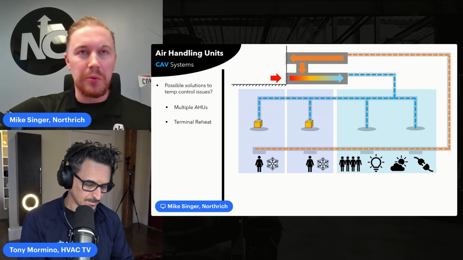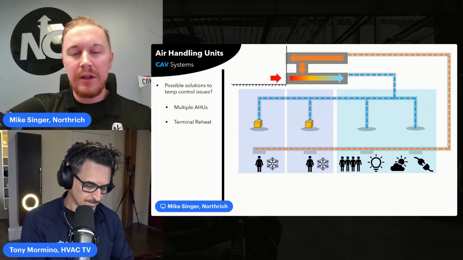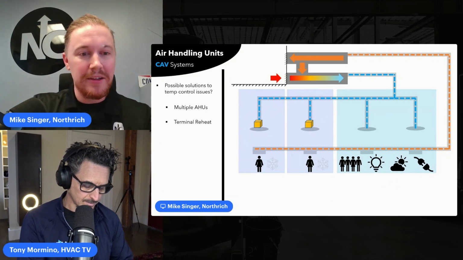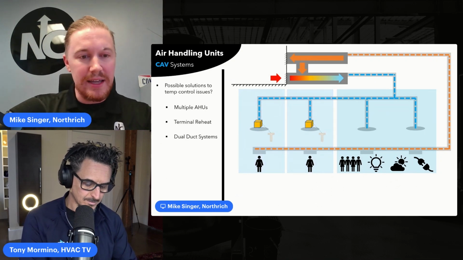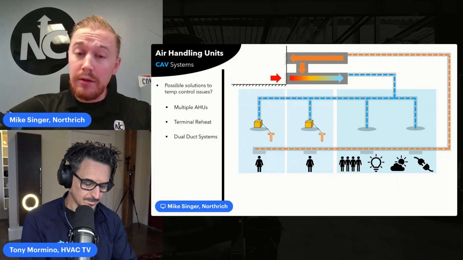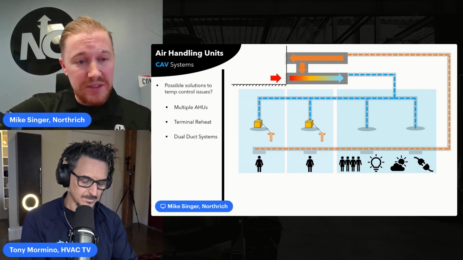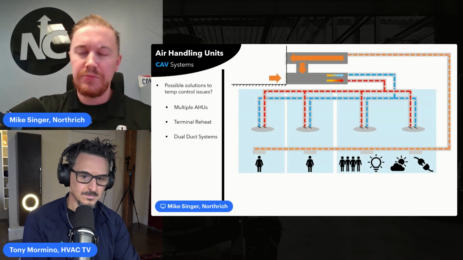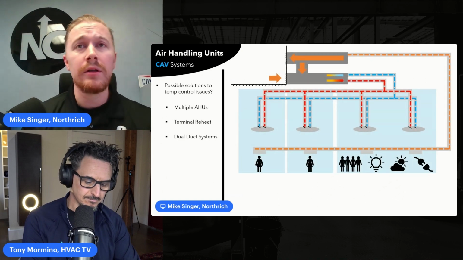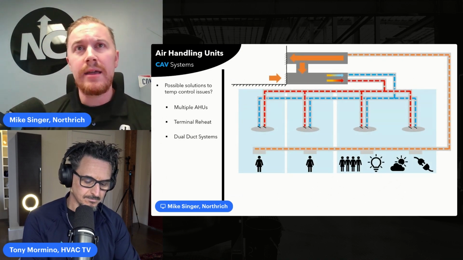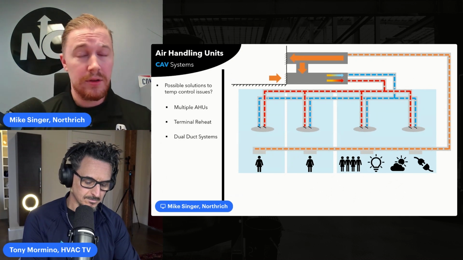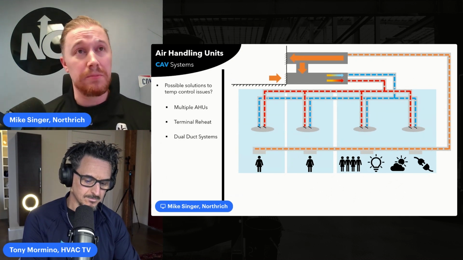You might see terminal reheat thrown on these in the field if it's a constant volume system, or cooling and heating at the same time. Not really allowed to do, but you'll still see it. And before VAV, we saw in the industry a lot of dual duct systems. So what's a dual duct system? Well, it's an array of 3 sets of ductwork, one of which is a return section, and the other 2 are supply.